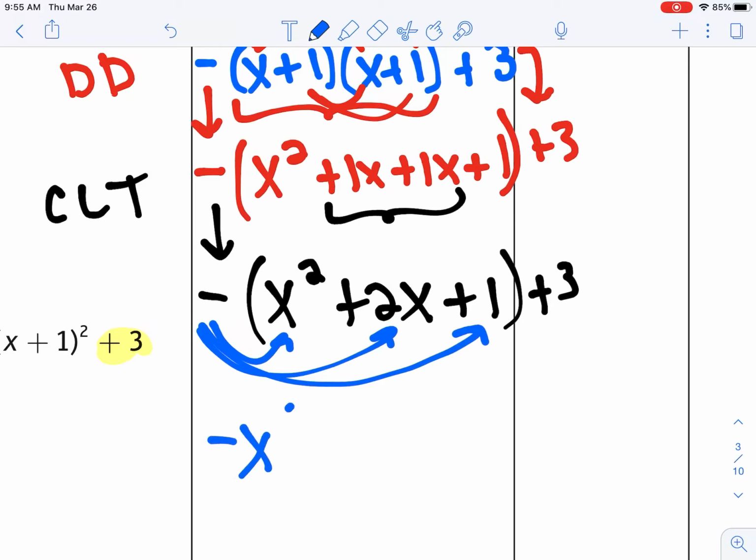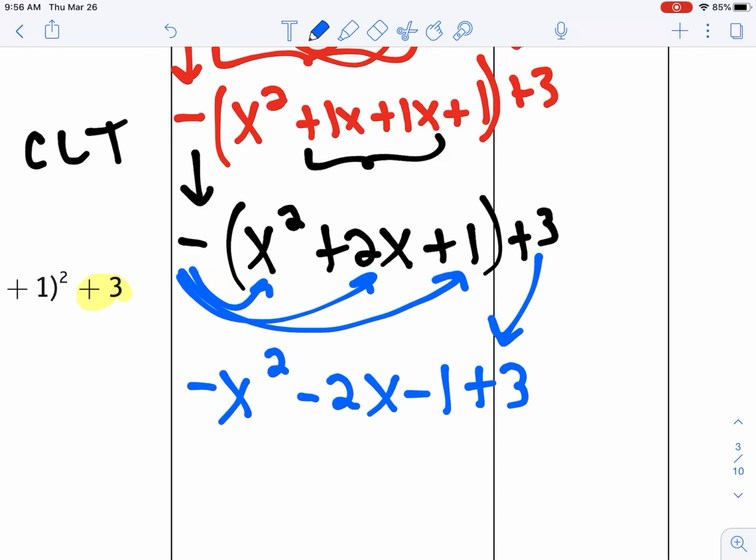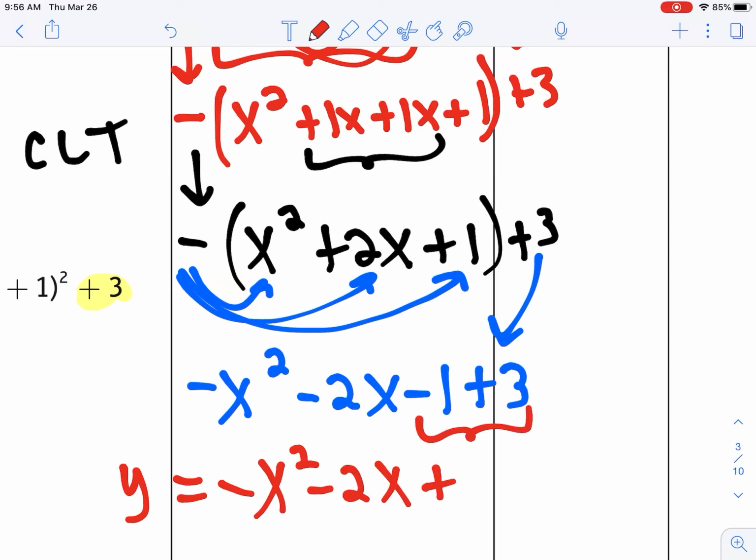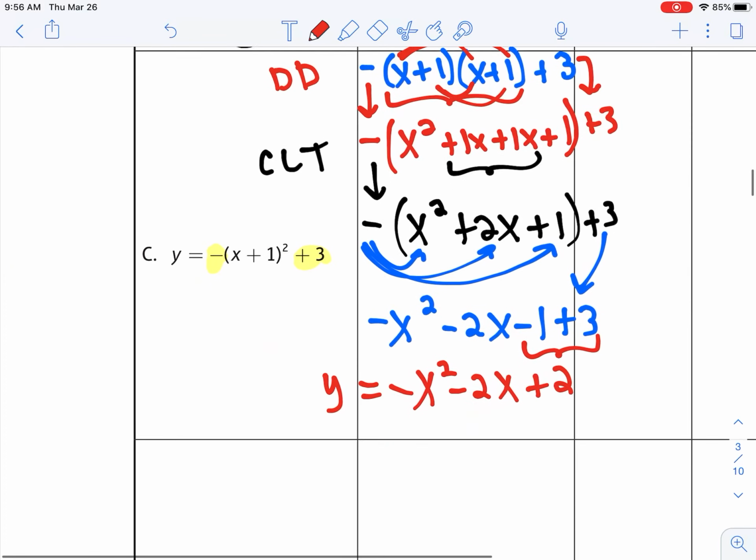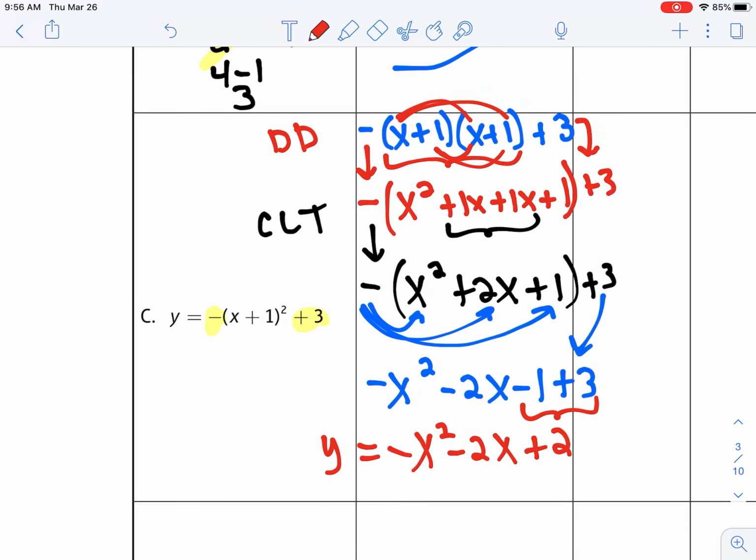So I get negative x squared, negative 2x minus 1. Now I can bring down the positive 3, since I've distributed the negative to everything in the parentheses. So now I get y equals negative x squared minus 2x, and then negative 1 plus 3 is a positive 2. So yes, that's a lot of work going from vertex form to standard form, but it's good practice.